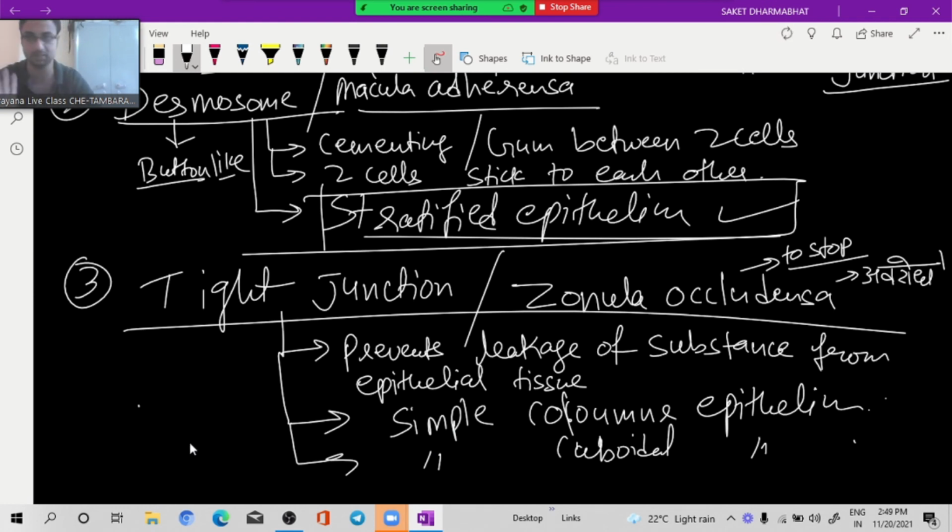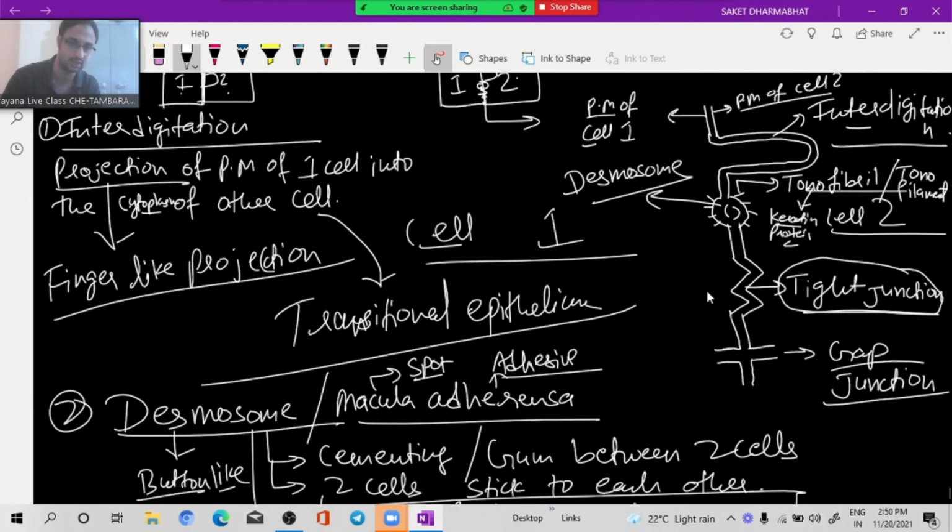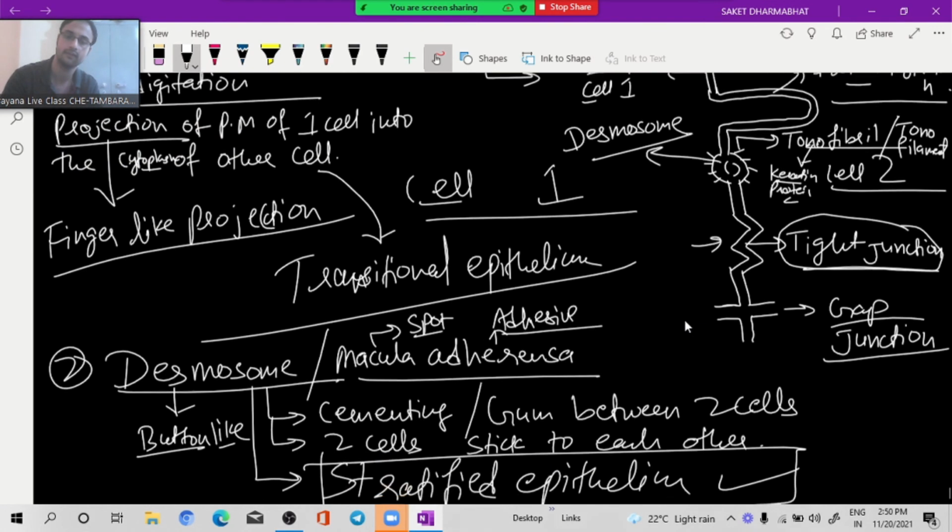They are secreting some substance, and that substance should not leak out of the tissue. To stop it, tight junction or zonula occludens is present. Clear up to here?